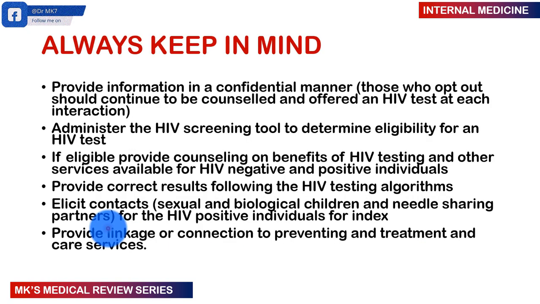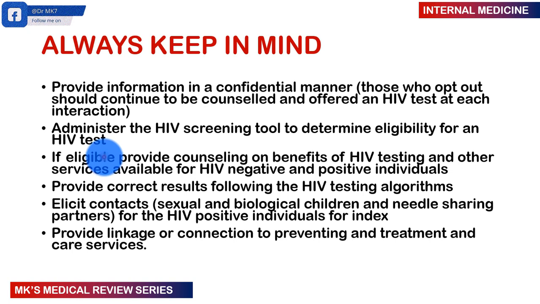And whenever you're doing any HIV testing, it's very important that you keep in mind the following things. The first and foremost thing is that the information must always be provided in a confidential manner. Unless the individual is a minor, and hear me right, a minor, there's a legal age that differs in different countries. I want you to comment what the legal age is in Zambia. Comment in the section below so that those who don't know can be told.